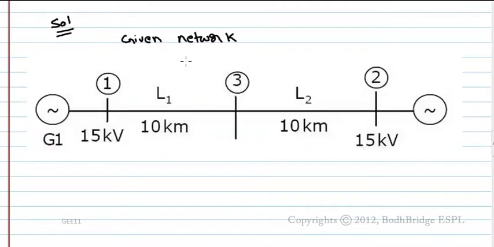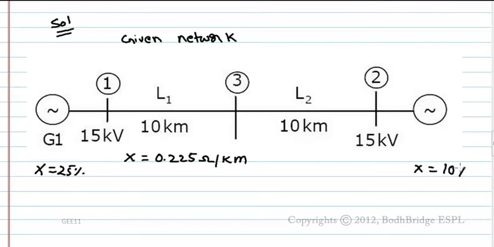Solution. Given network is like this. Positive sequence reactance of generator 1 is 25% and line 1, line 2 positive sequence reactances per kilometer is 0.225 ohm per kilometer, and generator 2 is 10%.